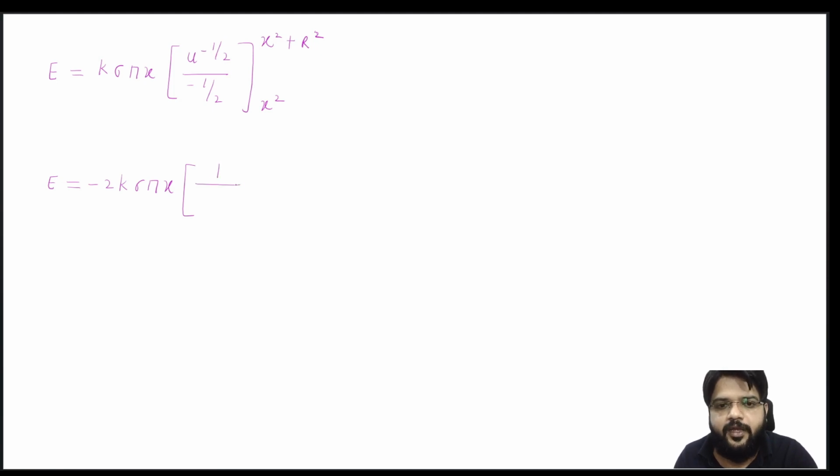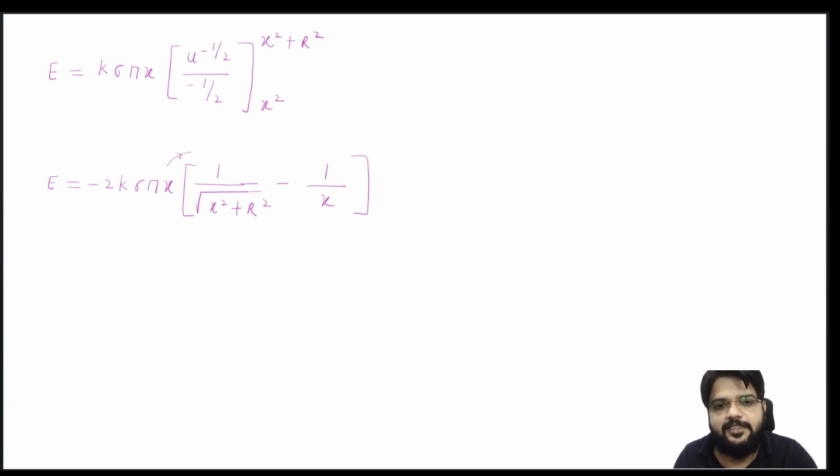So it is 1 by root of x square plus r square, minus the lower limit. Lower limit is x square, everyone. If I replace u with x square, we have x square power minus 1 by 2. So it is x power minus 1, which can be written as 1 by x. So finally we will get 1 by x, everyone.